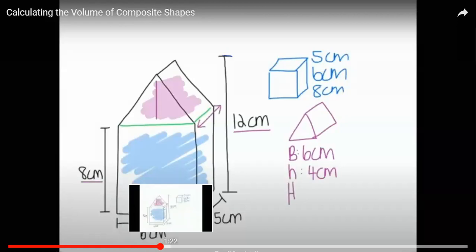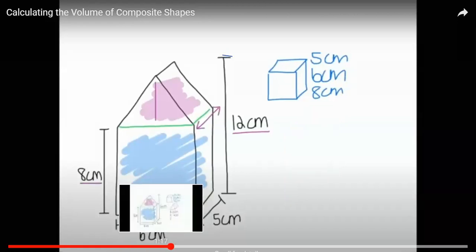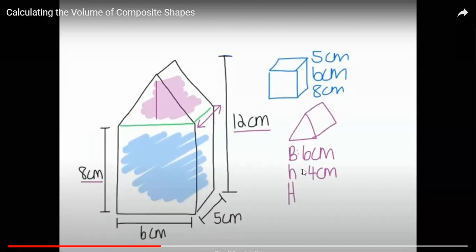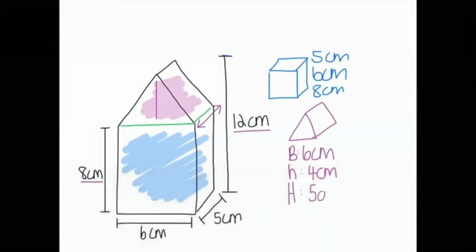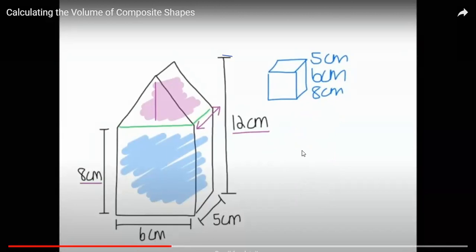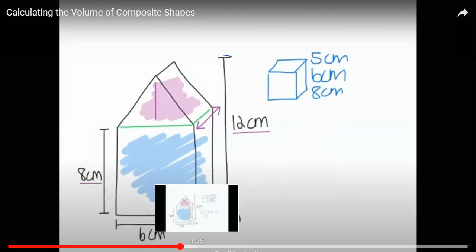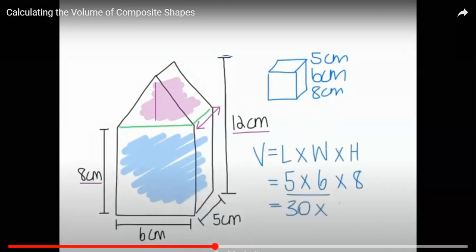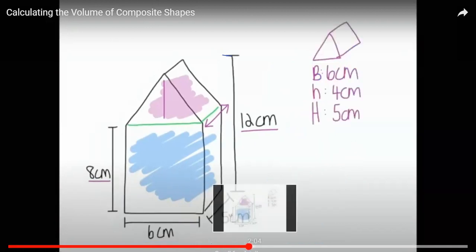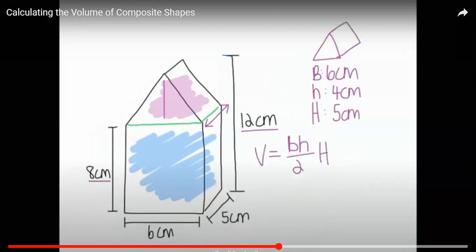We said that the base was 6 and the height of the triangle was 4, and the height for the whole figure equals what? 5. Then we found the volume of the rectangular prism and then the volume of the triangular prism, and then we will add them together by the end to find the volume of the composite figure.